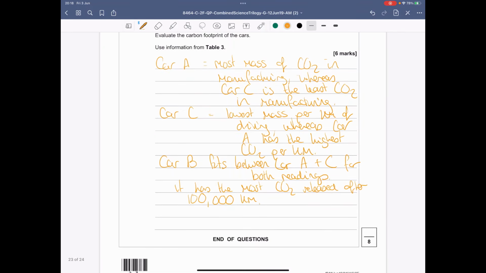So what I would say to finish it off as my overall conclusion is, make it clear, because evaluate means give advantages, disadvantages, and then give a conclusion.